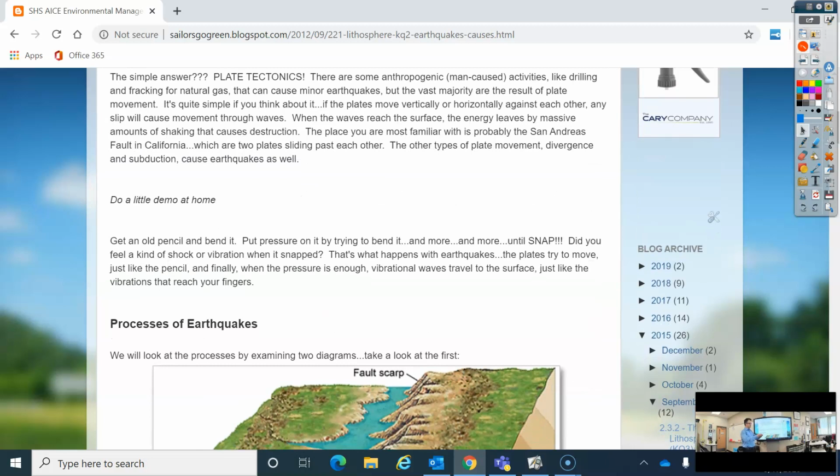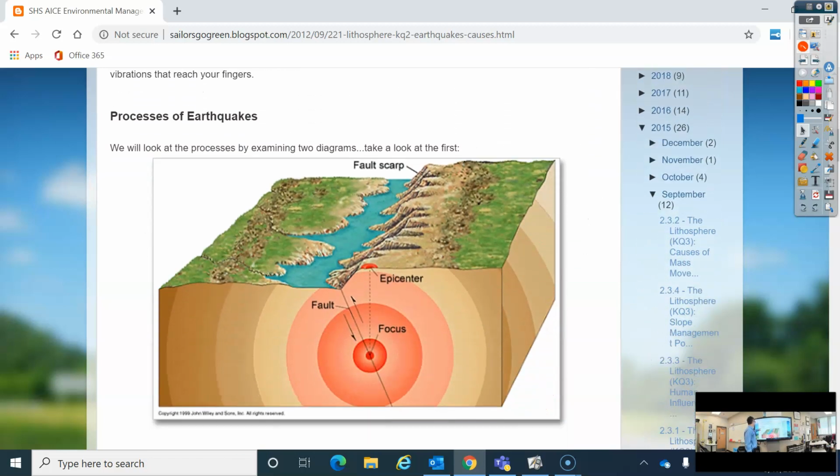So if you bend a pencil more and more and more, and finally it snaps, I could feel that coming through my fingers. Those waves, that movement, reverberated through my fingers. And that's what we're talking about when we're talking about the waves of the earthquake and the energy moving out from wherever that slippage occurred. So I felt a kind of shock or vibration. That's how it happens.